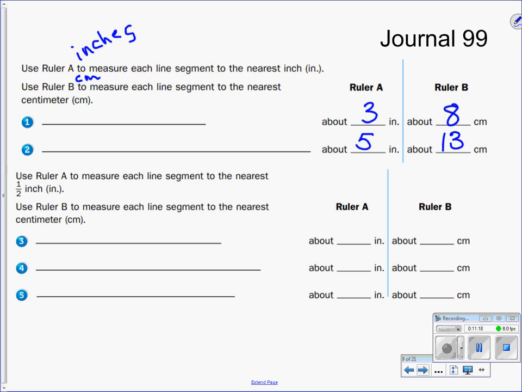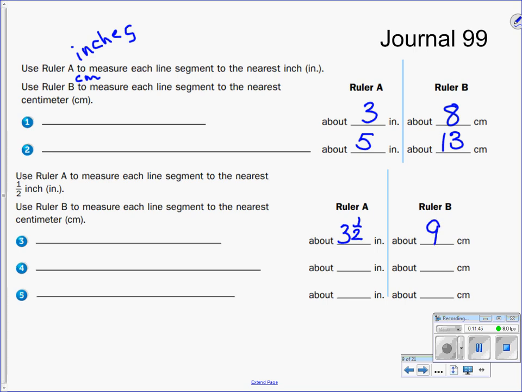All right, on the next ones, 3, 4, and 5, you were to measure each line segment to the nearest 1/2 inch. Remember, it's just which one is it closest to. So number 3, using ruler A in inches, was about 3 1/2 inches. And when I measured that same line segment with the centimeter side, it was about 9 centimeters.